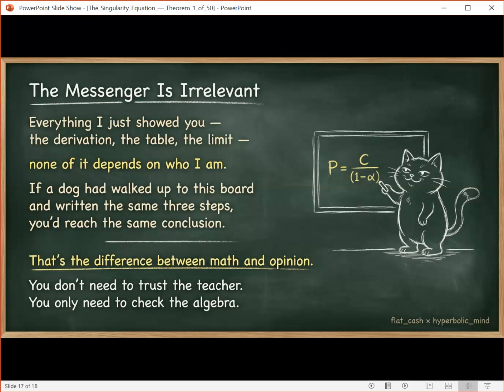If an octopus or a cat explained these steps, it would still be true. It can be independently verified by any human being because we all agree on mathematics. So you would reach the same conclusions.